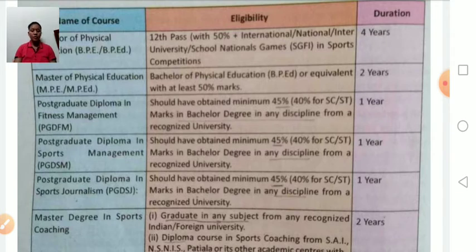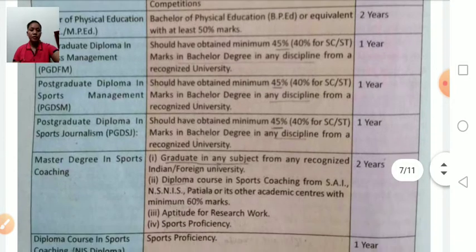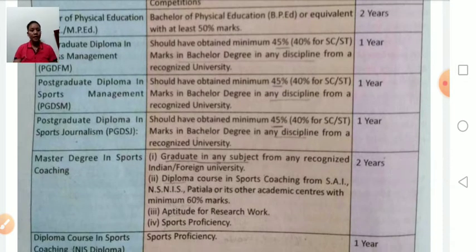Master degree in sports coaching. For this, first you need to do graduation in any subject from any recognized Indian or foreign university. Second, you should do a diploma course in sports coaching from SAI, Sports Authority of India, or NSNIS Patiala or its other academic centers with minimum 60% marks.